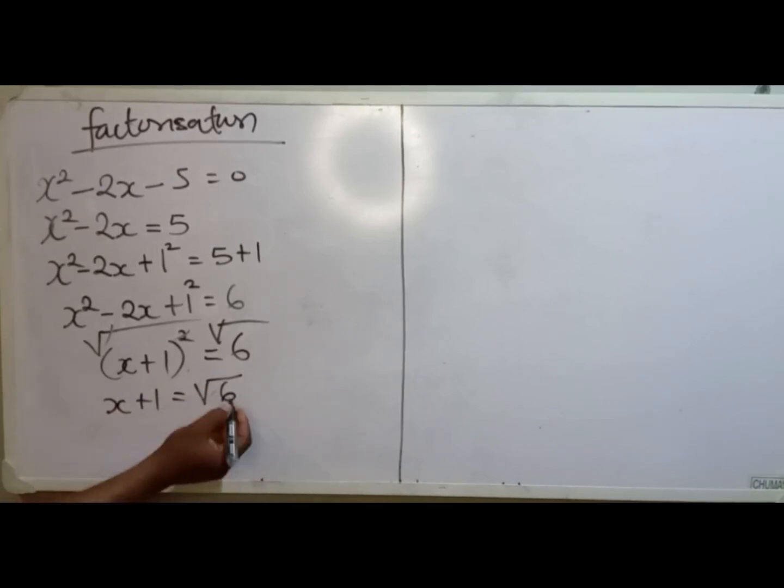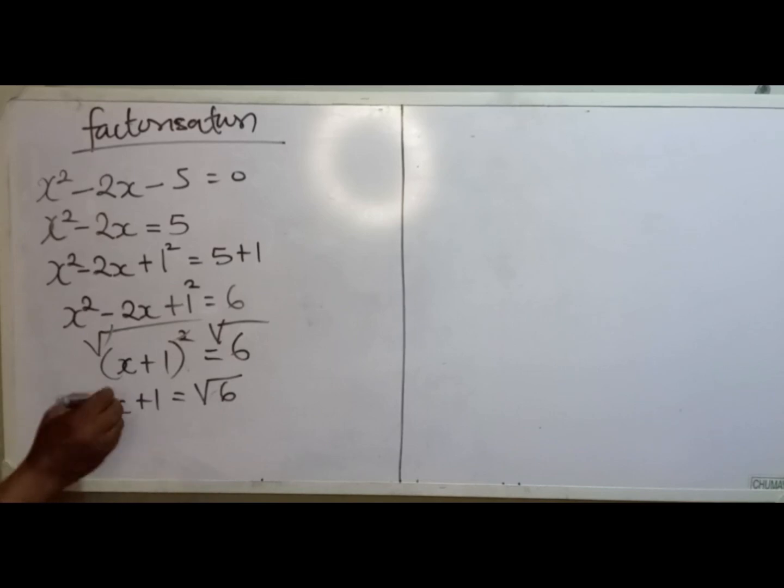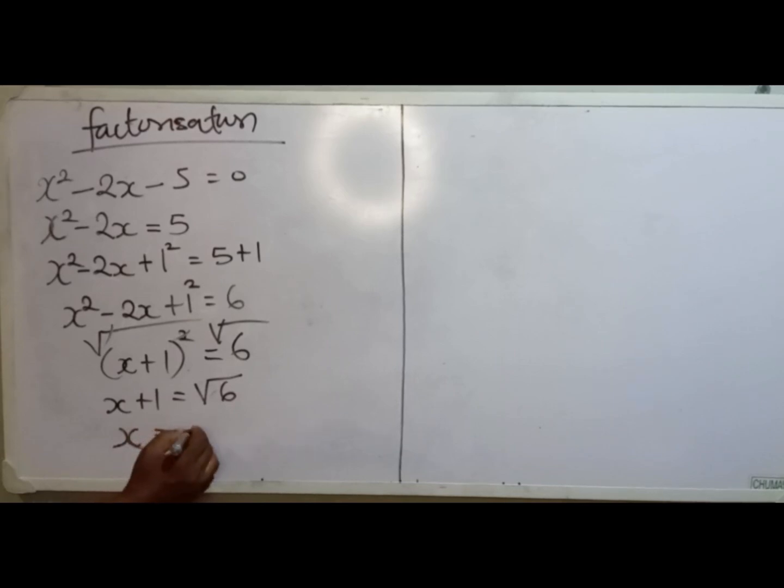All right, so I can now subtract 1 from both sides because I'm looking for my roots. In that case, x will be equal to minus 1 plus or minus root 6.